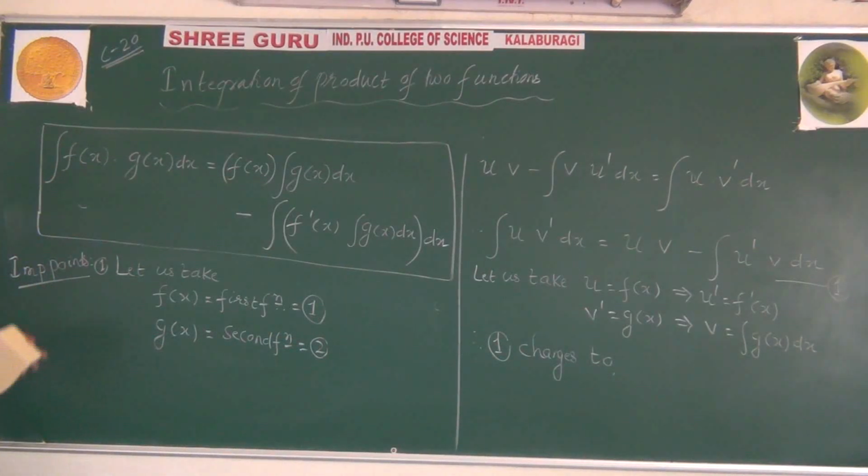So by taking f of x as the first function and g of x as the second function, the above formula becomes as now.